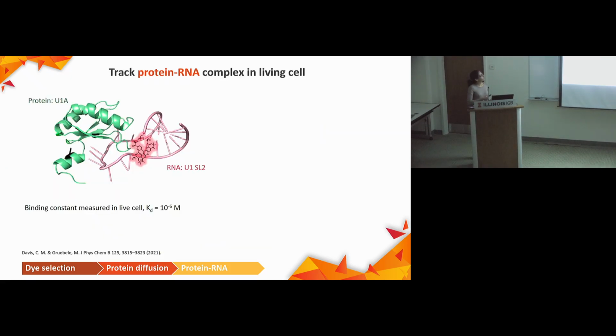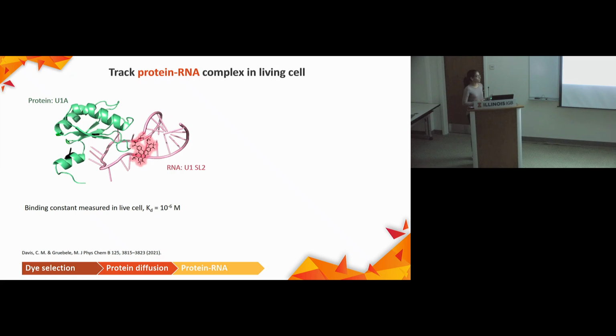Here, the system that we're looking at is U1A protein and its binding partner, stem loop 2 of the U1 RNA. This is a part of a bigger complex called the spliceosome, which takes care of splicing in eukaryotes. And it's a very well-studied system, and it's a model system for protein-RNA interaction.